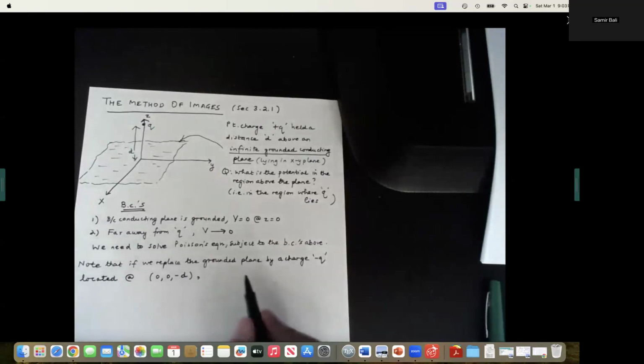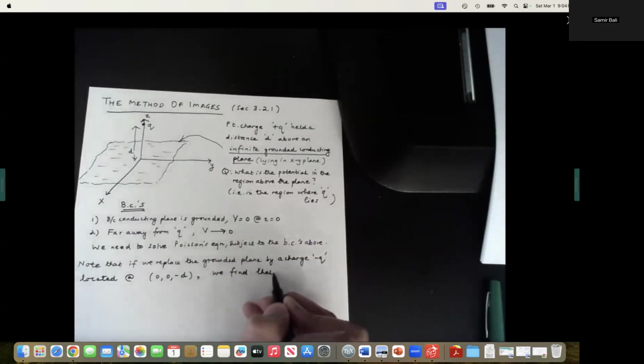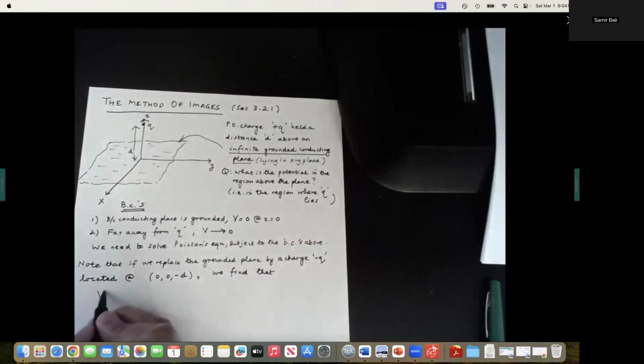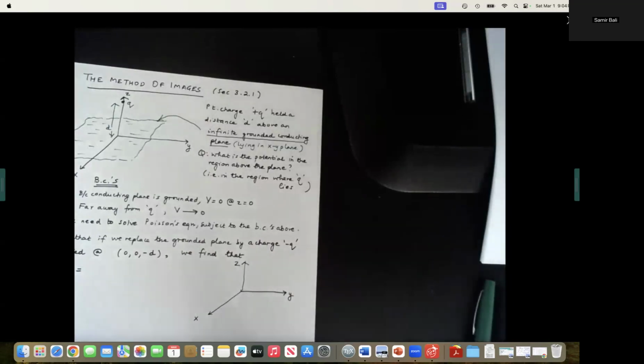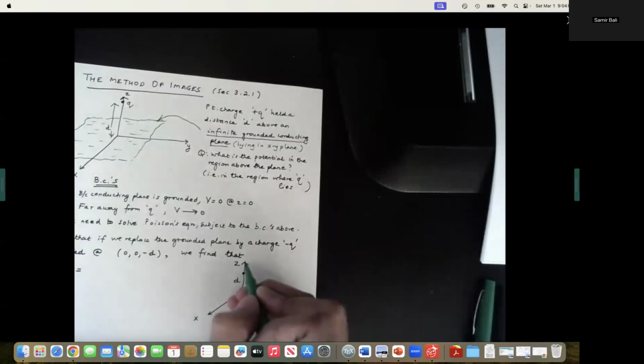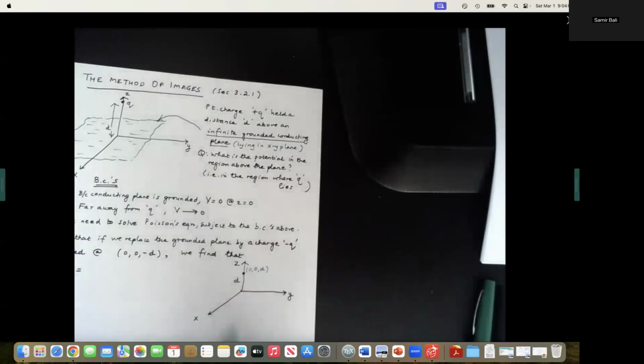Note that if you replace the ground plane by charge minus q located at 0, 0, minus d, then we find that the potential, okay, so let me just draw what I'm saying just to be clear, that here's y, here's x, here's z, and the problem has become really simple now. All we're saying is here's q, and it was located at distance d above, so it was at 0, 0, d, right?